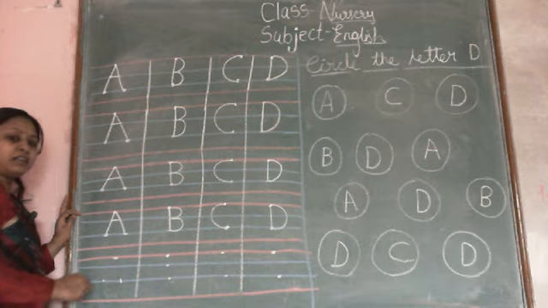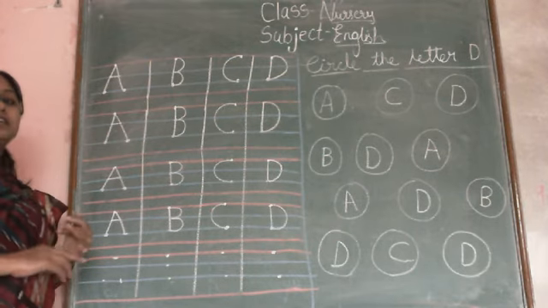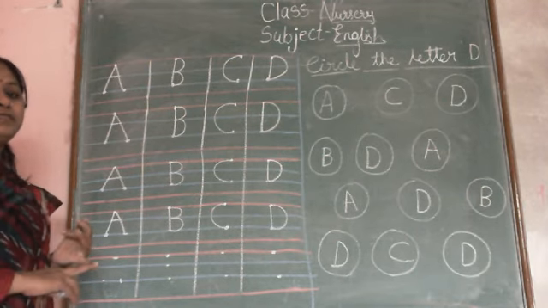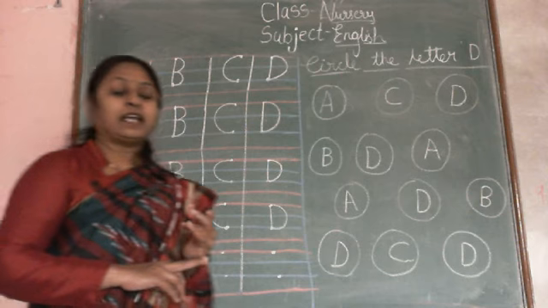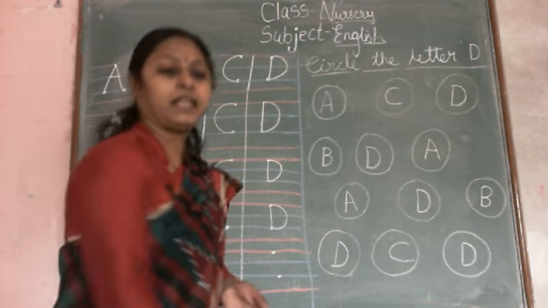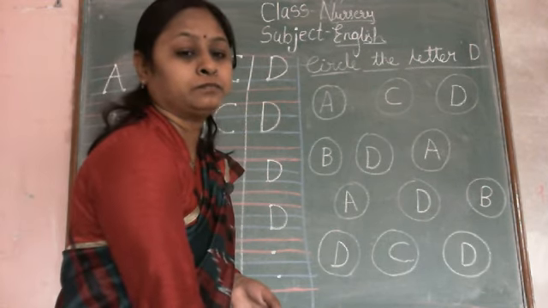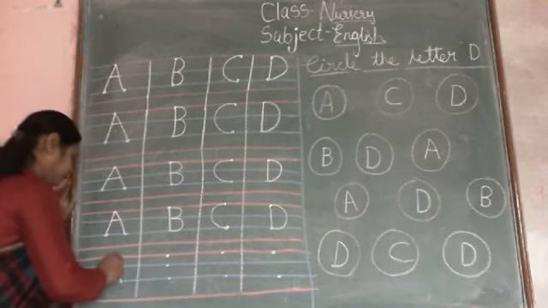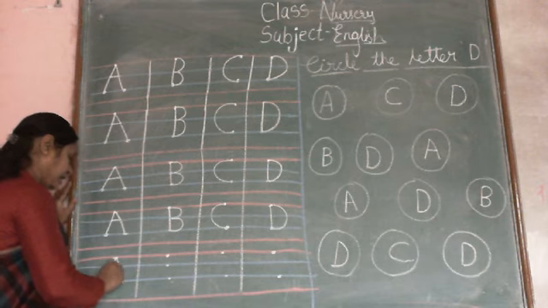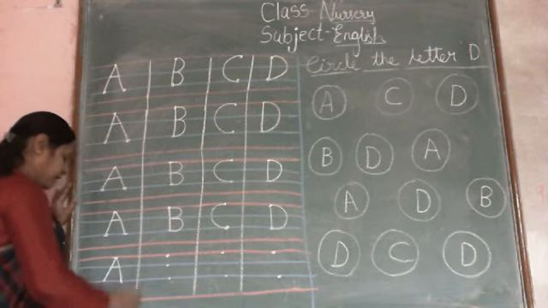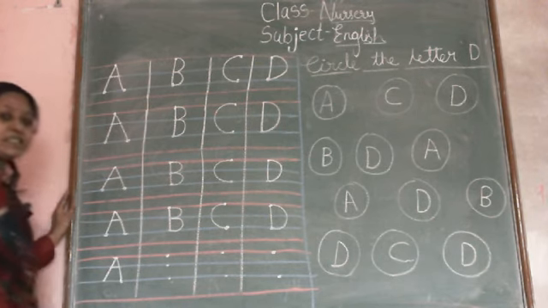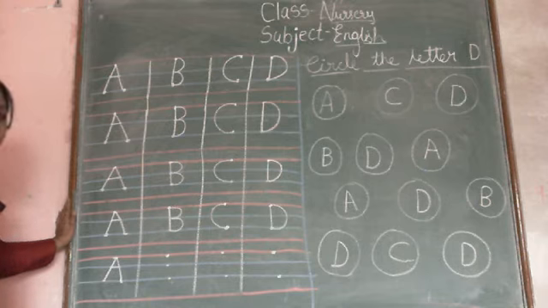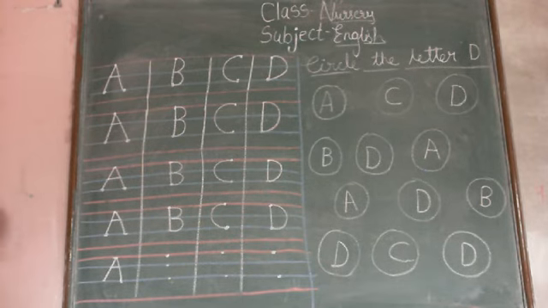We will start writing letters from A. So write a slanting line, and then a sleeping line. Which letter is this? A. After A, which letter will come?